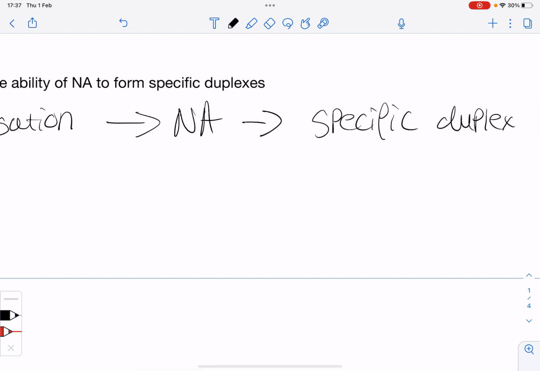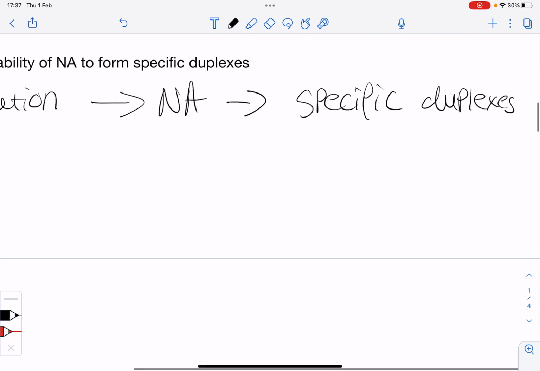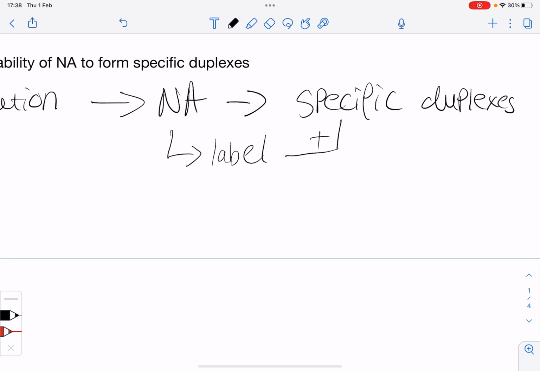To identify these specific duplexes, we label these nucleic acids. If we combine these two, label and specific duplex, we refer to them as probes. And this technique allows us to pinpoint and analyze specific genetic sequences.